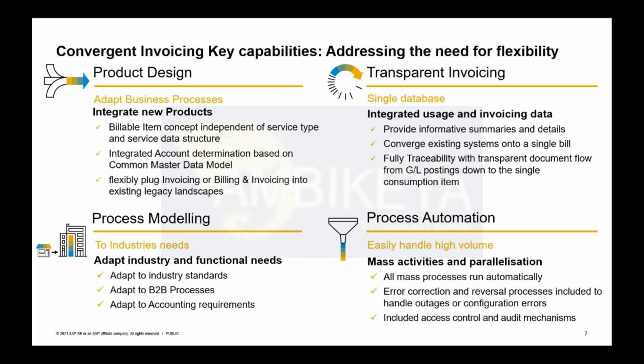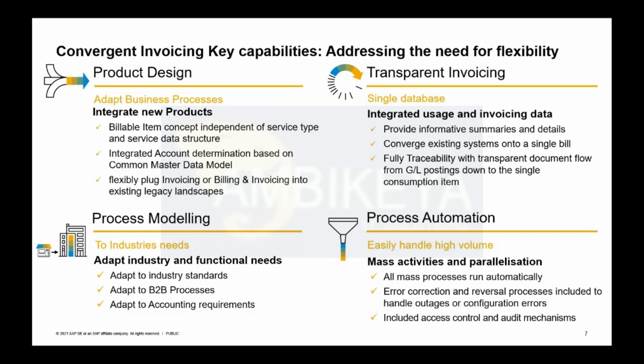We have here the possibility to easily integrate new products, because with a strong billable item concept, we are independent of different service types. So in sales and distribution, you have an order-related invoicing, and you are strictly reduced with billing to what is already placed in the order.